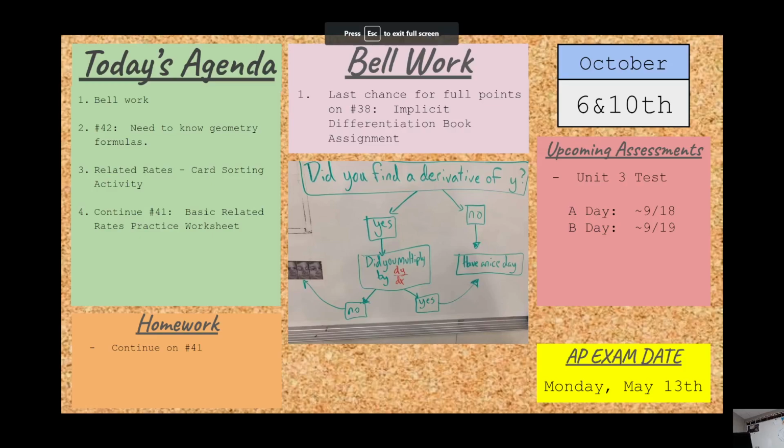Pink is the original geometry formula, purple is the derivative. You need a green card to go with a pink card to go with a purple. Again, you do not have to actually work these out. Just pair them up, figure out which ones go with which.